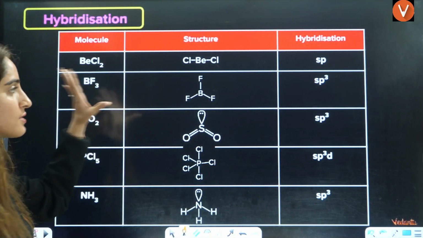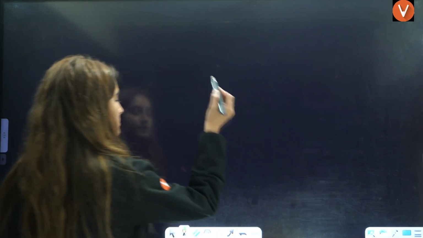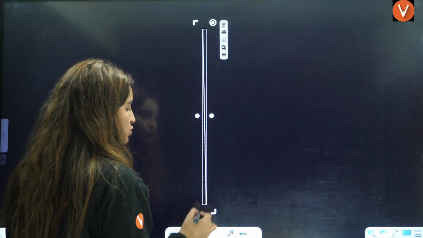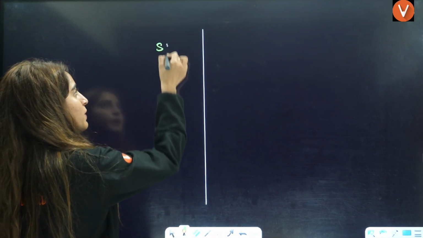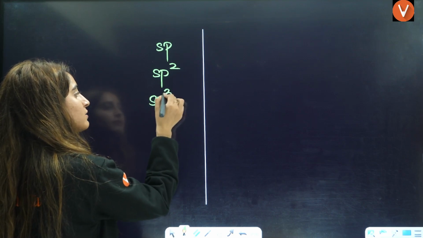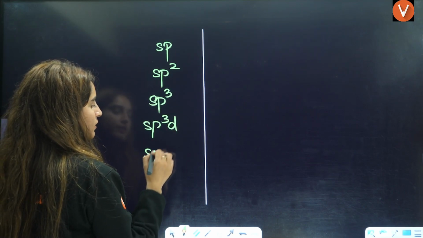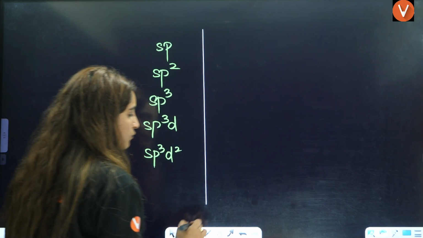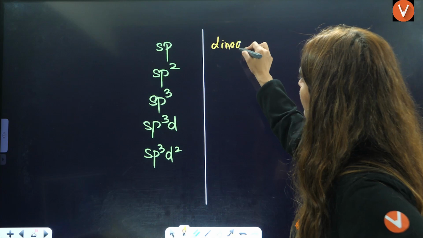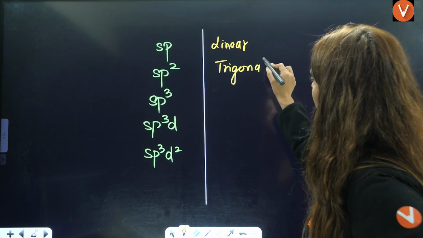Firstly, we understood that there is hybridization. I'll also make one table here for your easiness, so that from the notes only you're able to understand. sp, everybody, I want to see that in the comment section. sp2, sp3, sp3d, sp3d2. These are what you will use in chemical bonding. This is linear geometry. This is trigonal planar.